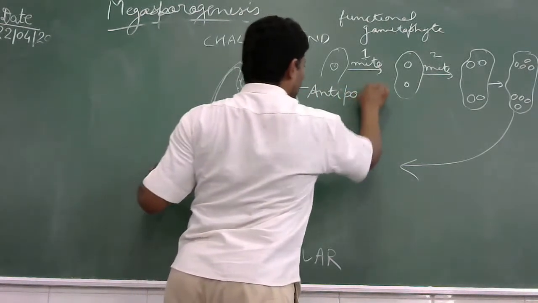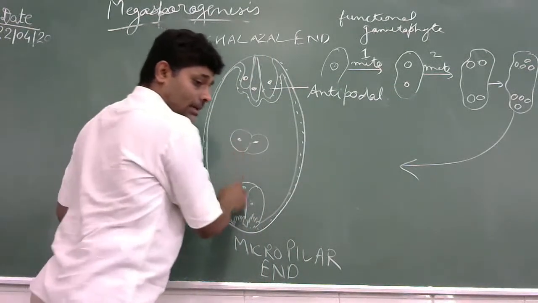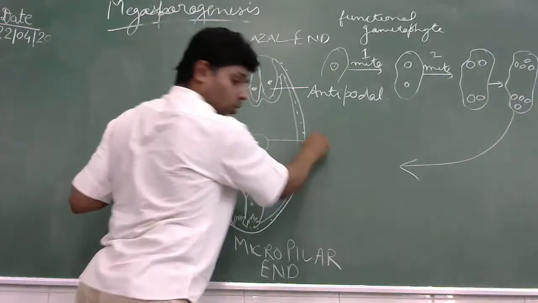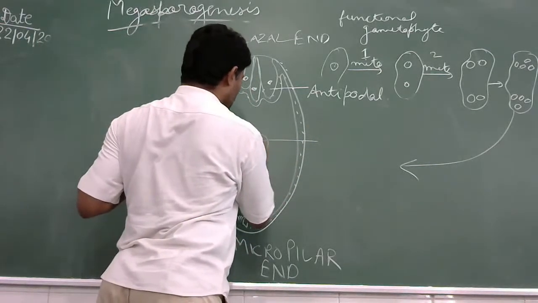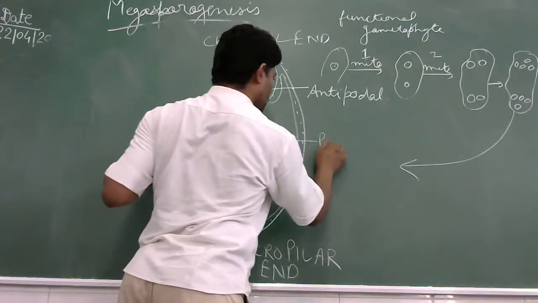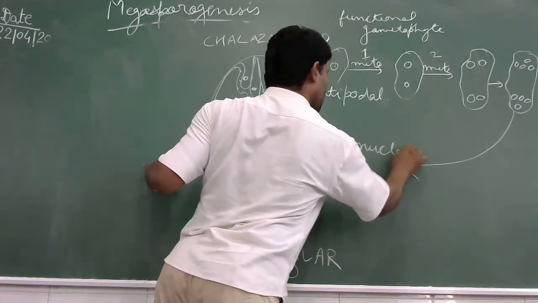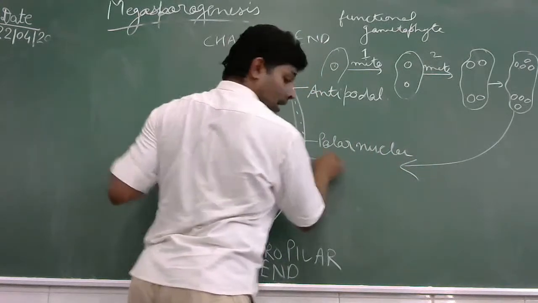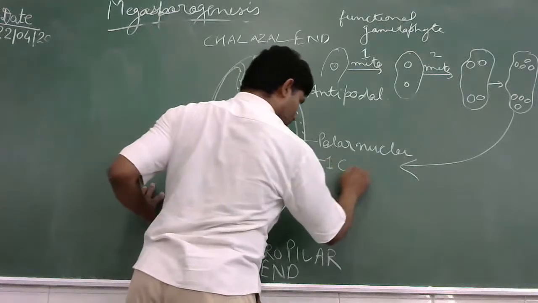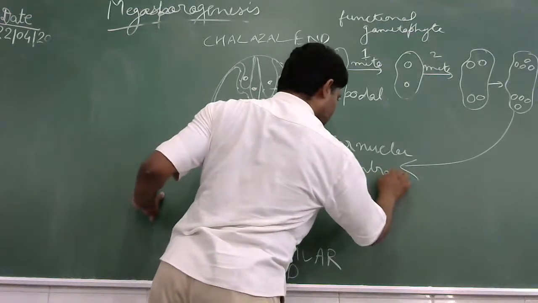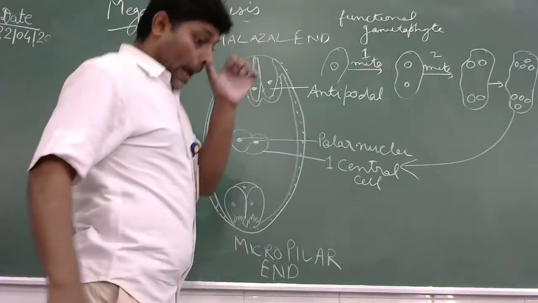There are two polar nuclei, and this is one central cell.